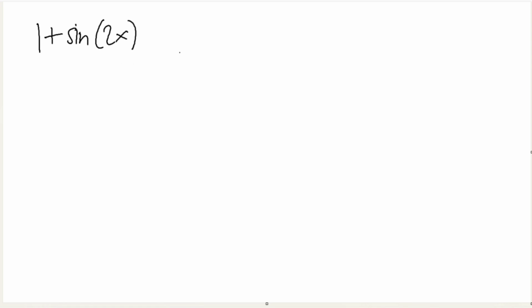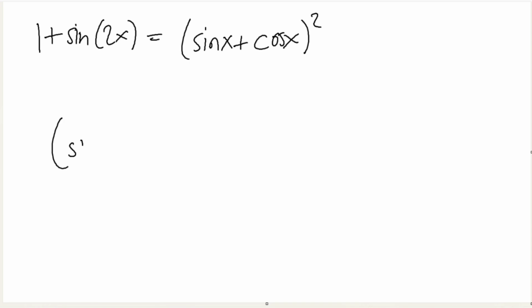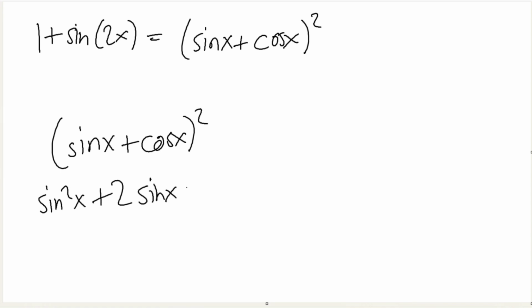This is equal to sine of x plus cosine x squared. Now, how is this true? If you square sine of x plus cosine of x, squaring this will give us sine square plus 2 sine of x cosine x plus cosine square.